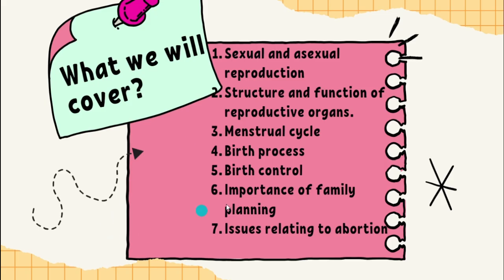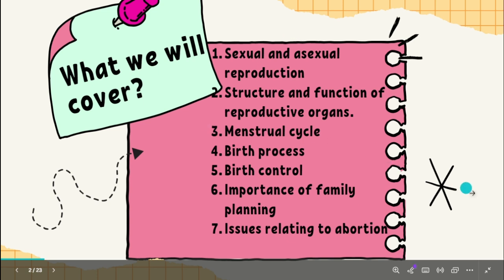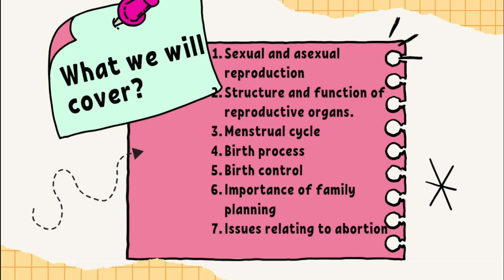So basically the goal is we want to get through these particular topics. The reproductive system is very broad, right? There's a lot that goes into it. So what we want to talk about is sexual and asexual reproduction, the structure and function of our reproductive organs, both for the male and the female.